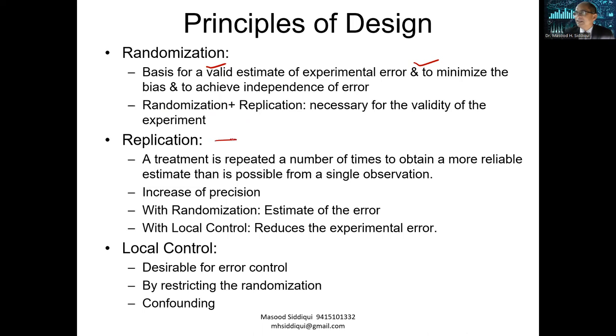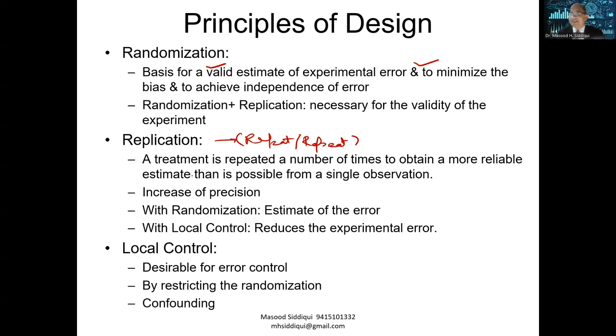Replication is actually repeat and repeat. A treatment is repeated a number of times to obtain a more reliable estimate. As we go on repeating a treatment, we get a more reliable estimate that is not possible through a single sample or one observation. So this is the general definition.